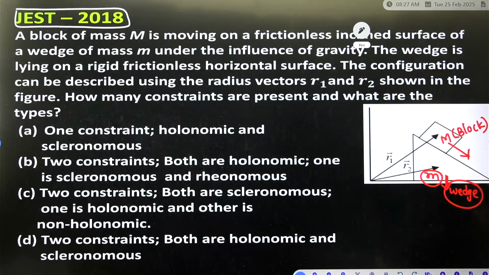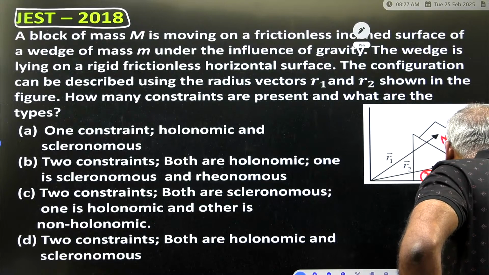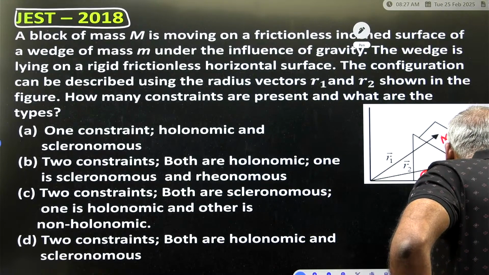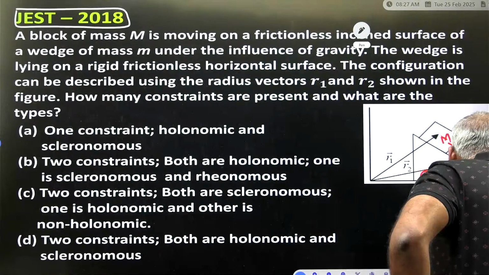Now the wedge is lying on a rigid frictionless horizontal surface, which means it is fixed.